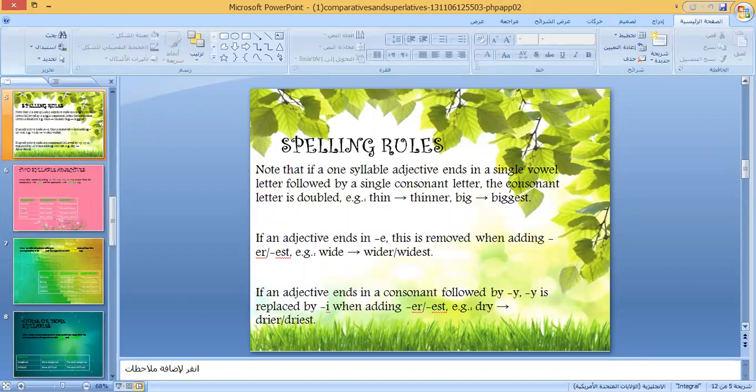If an adjective ends in E, this is removed when adding -er or -est, e.g., wide, wider, widest. If an adjective ends in a consonant followed by Y, Y is replaced by I when adding -er or -est, e.g., dry, drier, driest.